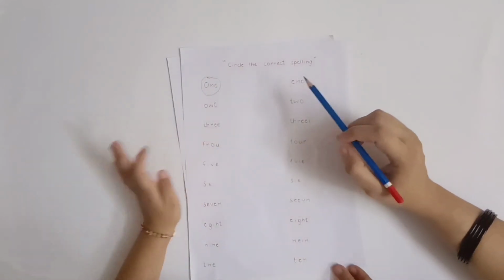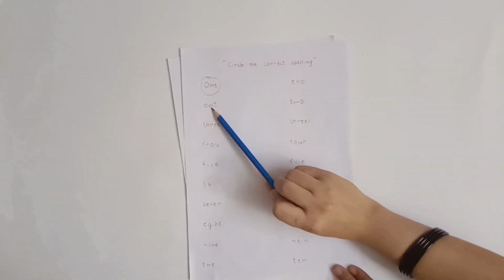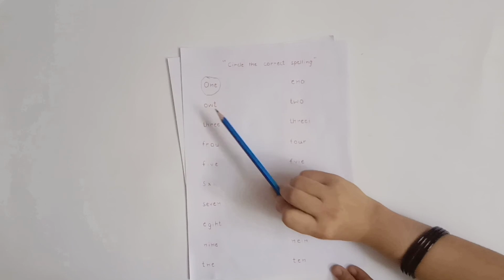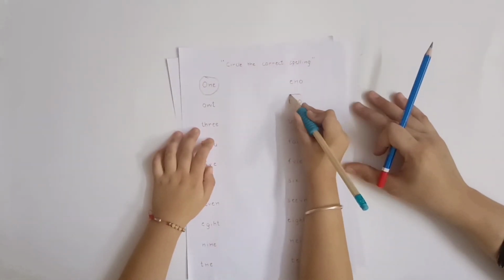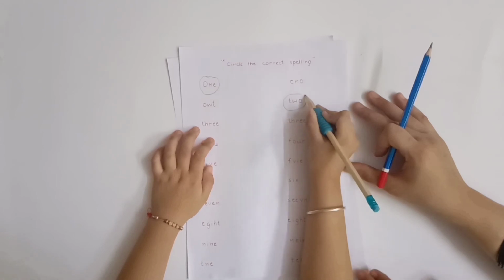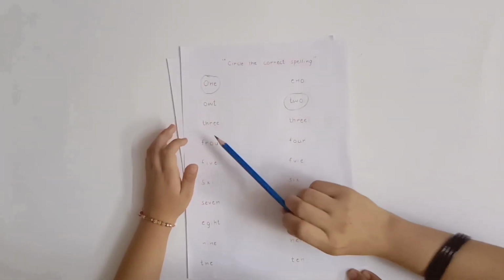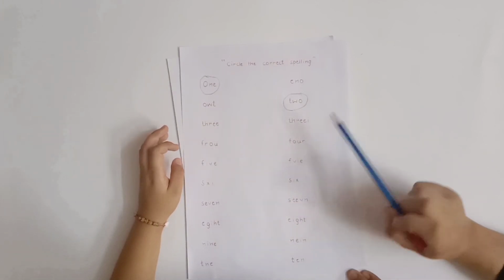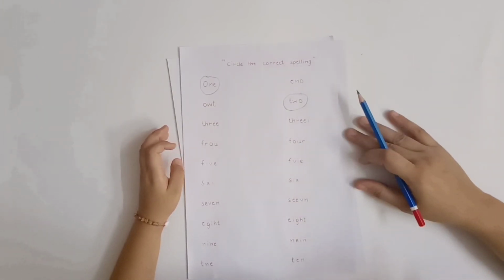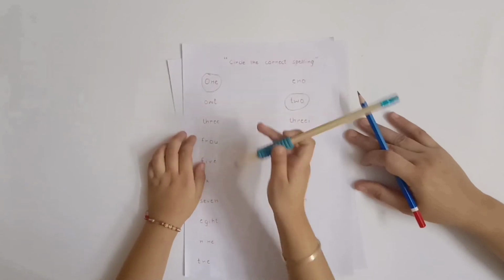Fine. So here are two number names. Is this correct number name 2 or is this correct number name 2? Okay. Fine. So same goes for 3. Is this correct number name 3 or is this correct number name 3? This one. Yes.